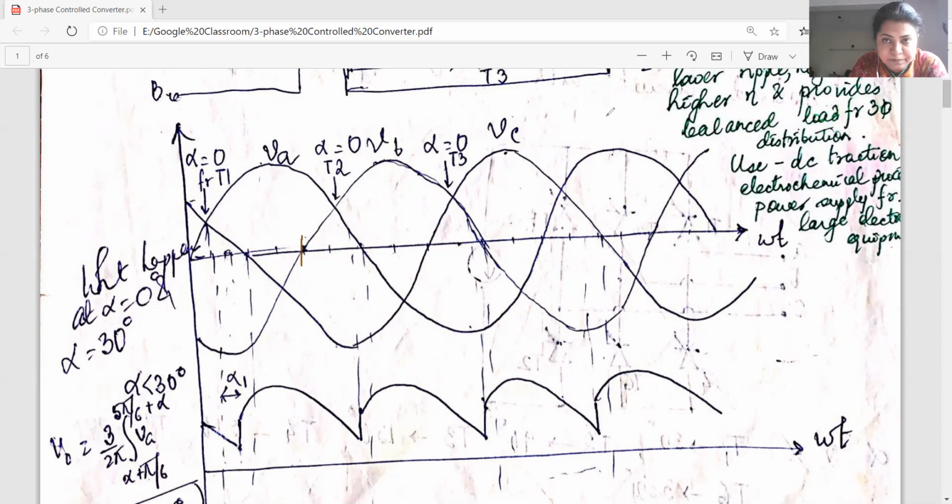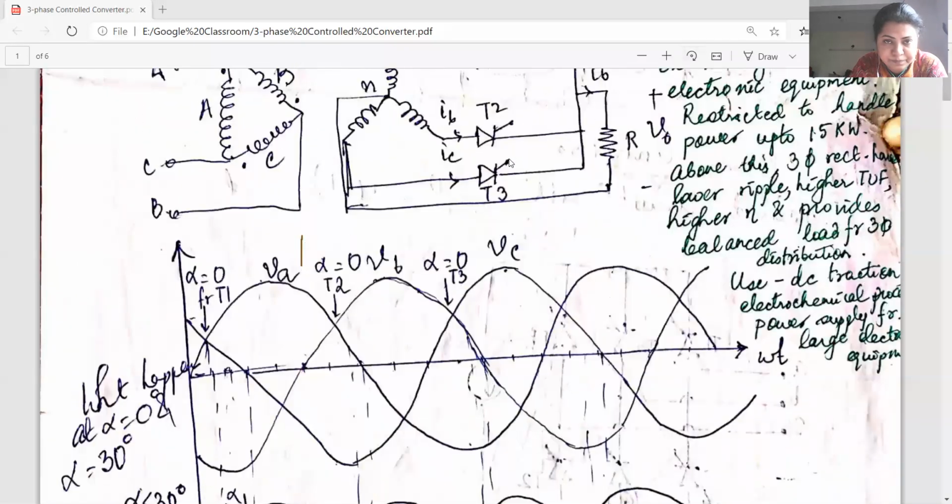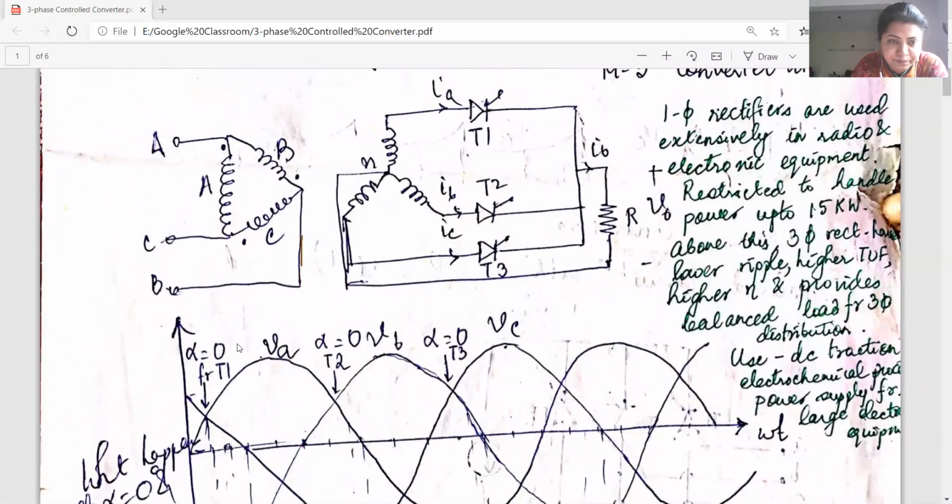Now see, here at this particular interval, that is at omega t equal to 30 degrees, from this interval VA is maximum positive, but before this interval VC was maximum positive.